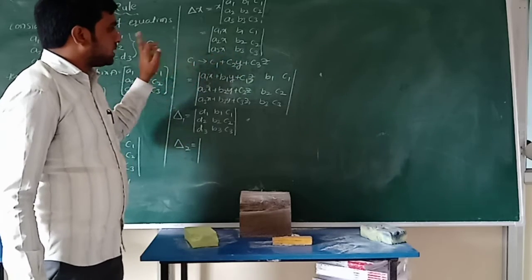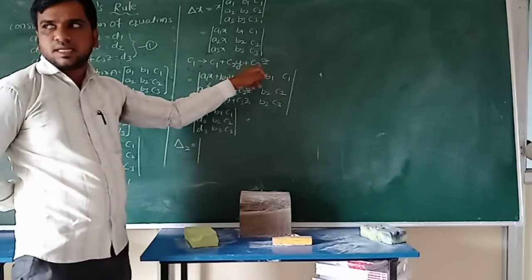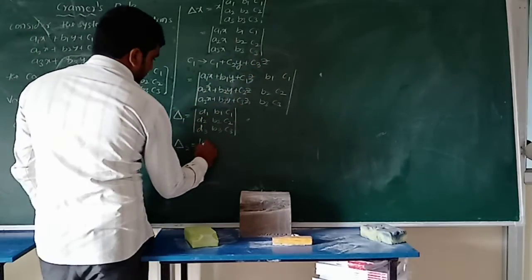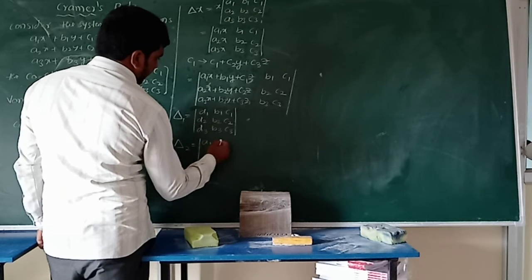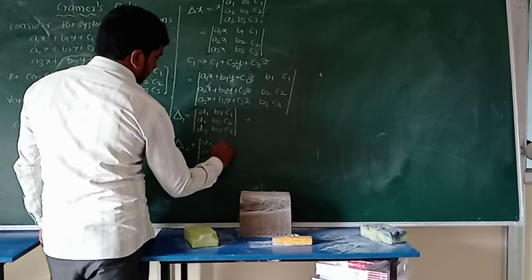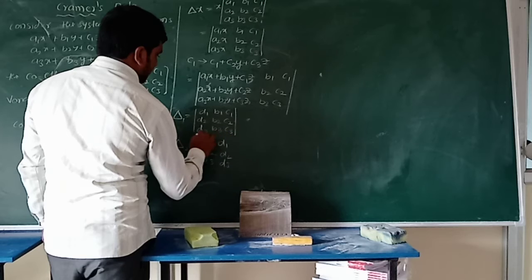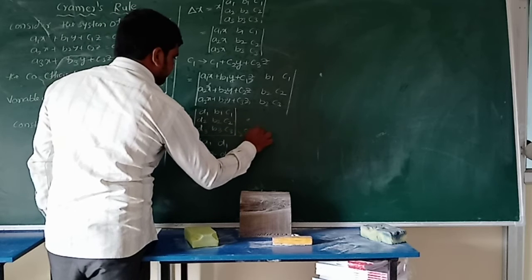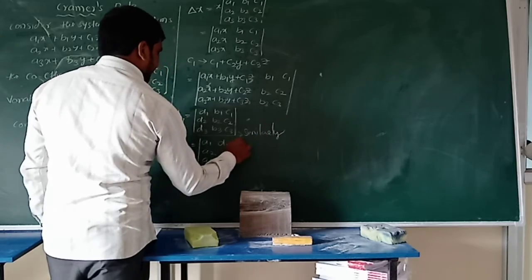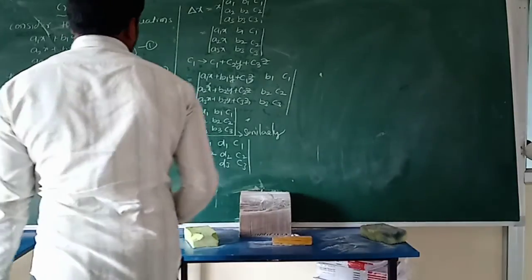So we get a1, a2, a3; d1, d2, d3; c1, c2, c3. Okay students, this is delta 2.